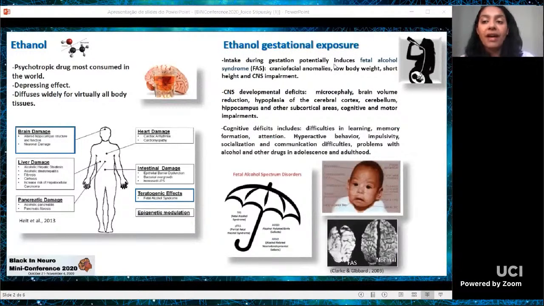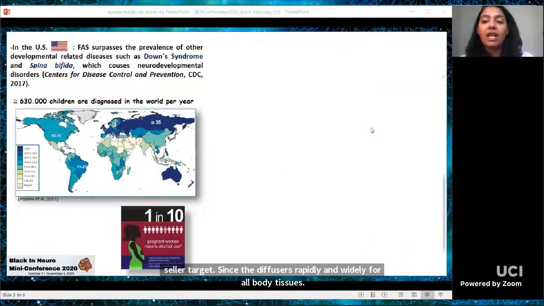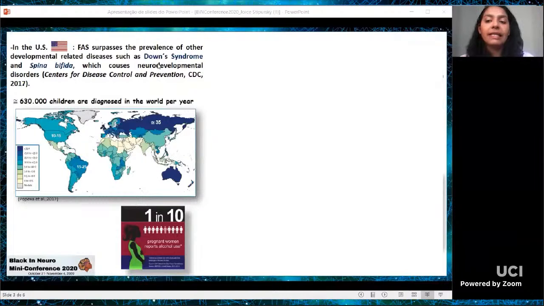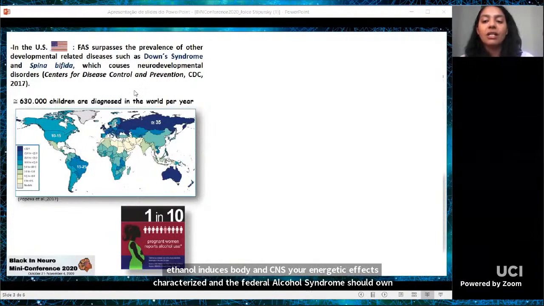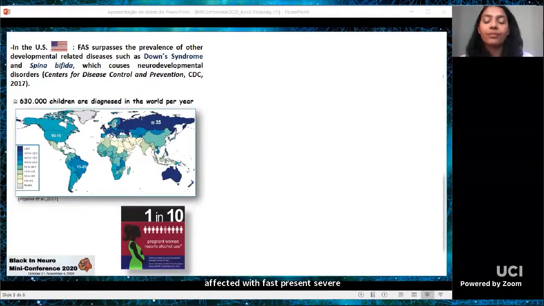Children affected with FAS present severe anatomical alterations in the CNS, such as microcephaly, and also several cognitive deficits. In the US, FAS surpasses the prevalence of other developmental-related diseases, and recent studies reveal that per year, about 630,000 children are diagnosed with FAS in the world.